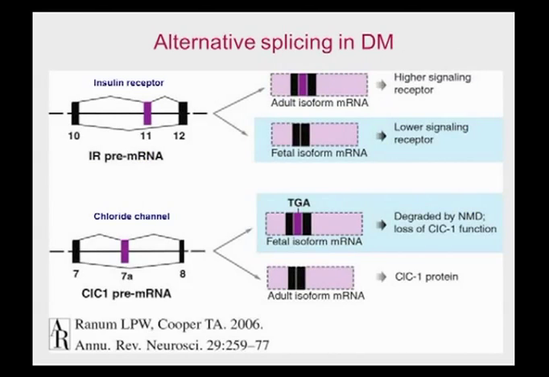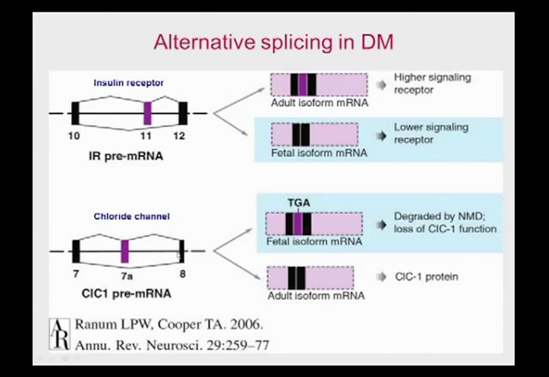So the alternative splicing can affect the proteins in different ways. With the insulin receptor, the adult form typically has an extra exon, which tends to give a higher signaling receptor, so a more functional receptor. If that exon is excluded, so if you have the CELF form of the splicing, that exon is missing, and you get a lower signaling receptor. So that apparently accounts for some of the insulin resistance when this form is present.